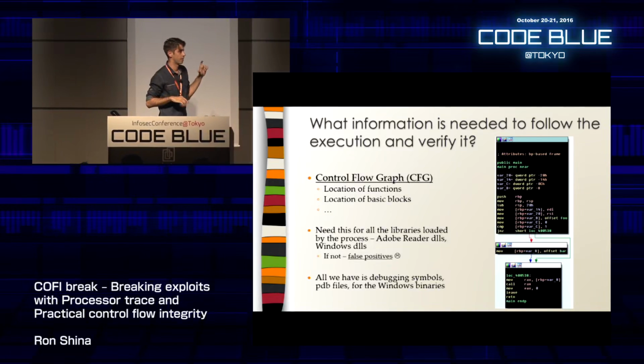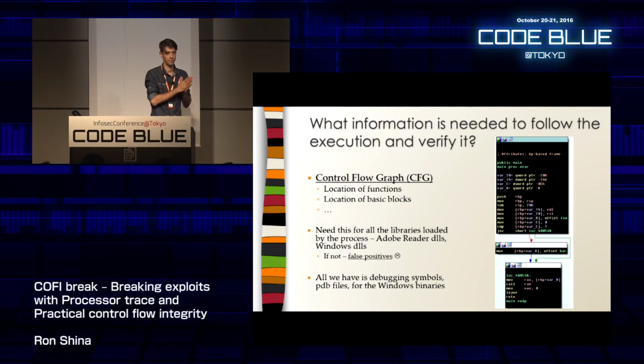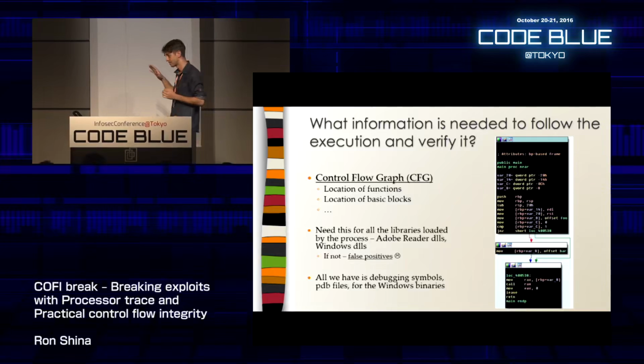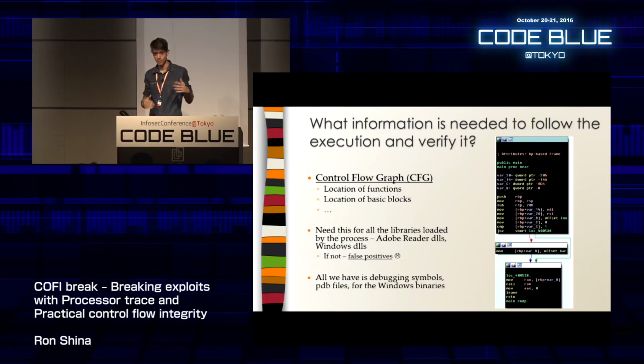So the modules that you need the control flow graph for in order to go over the trace are Adobe modules and Windows modules. And you don't know where the functions and basic blocks are for those. For Windows, you might have public symbols, but for Adobe, you wouldn't even have that. So you need that control flow graph to go over it.